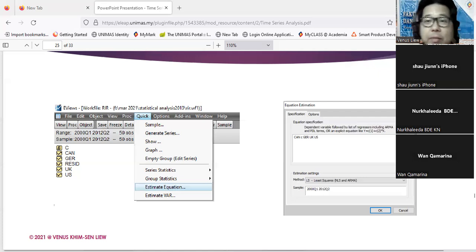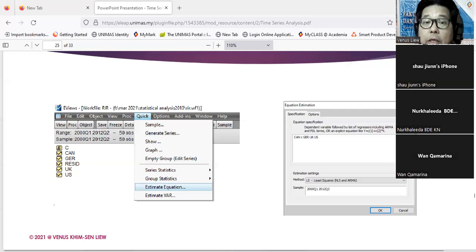Don't type Y, don't type other letters, unless your variable UK you change to Y. If it is named UK, put UK here. And C is the constant, the intercept, the Y intercept. And put all the factors there: Canada, exactly the same name, US, Germany. That's it.